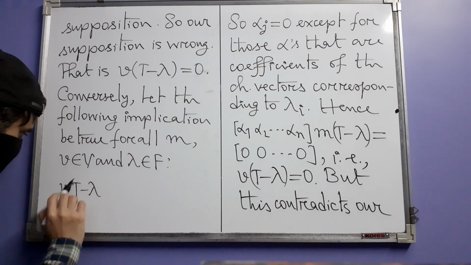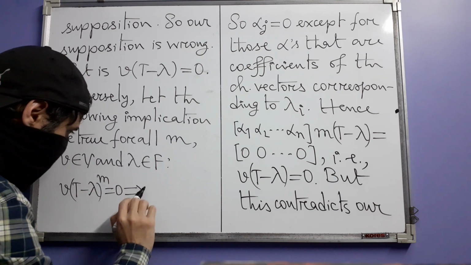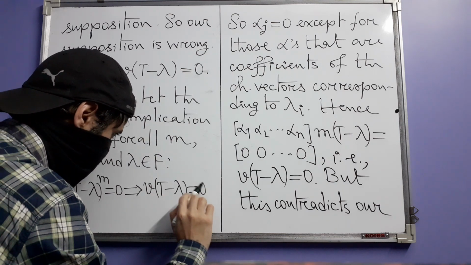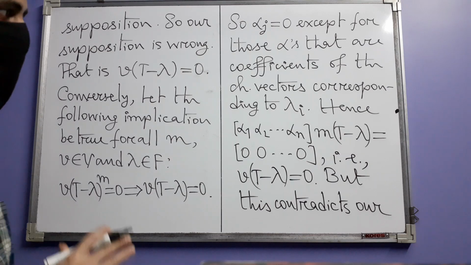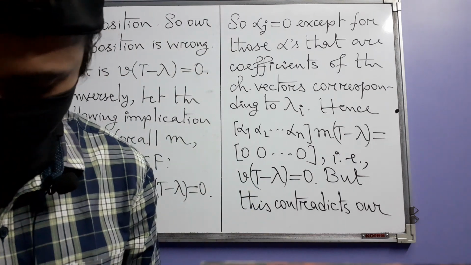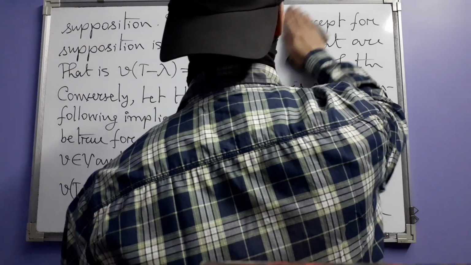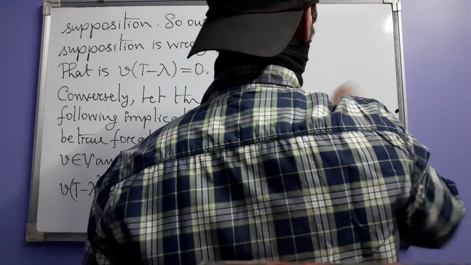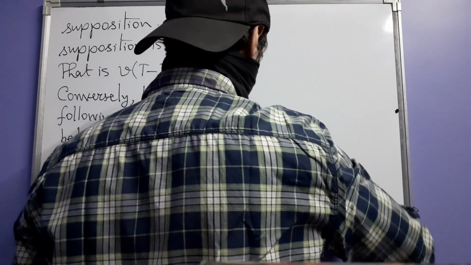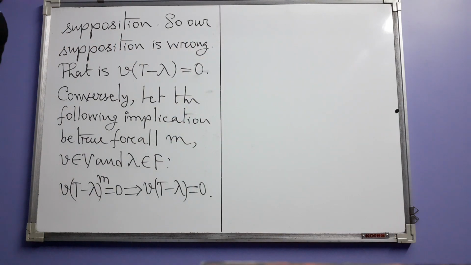If this is 0, then this is also 0. We now have to prove that T is diagonalizable. That is, the vector space will have at least one basis in which the matrix of T will be a diagonal matrix.